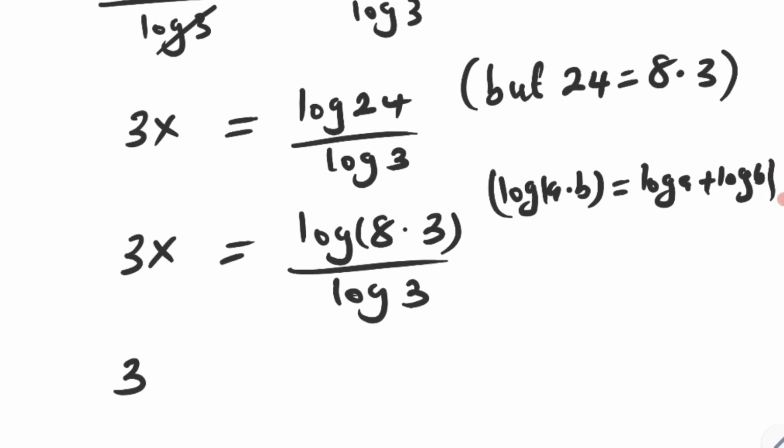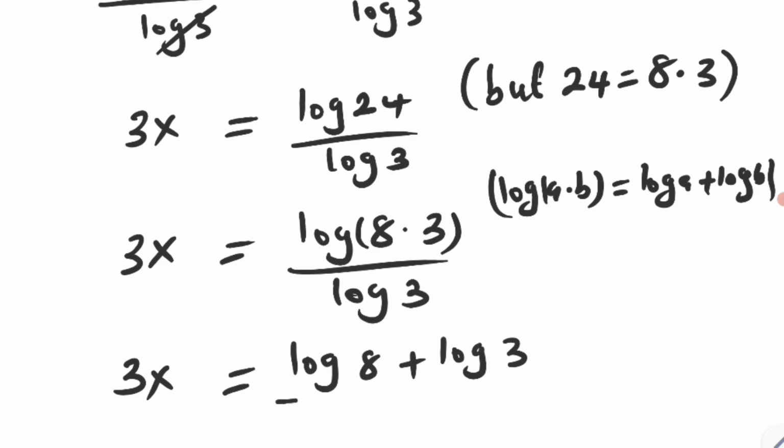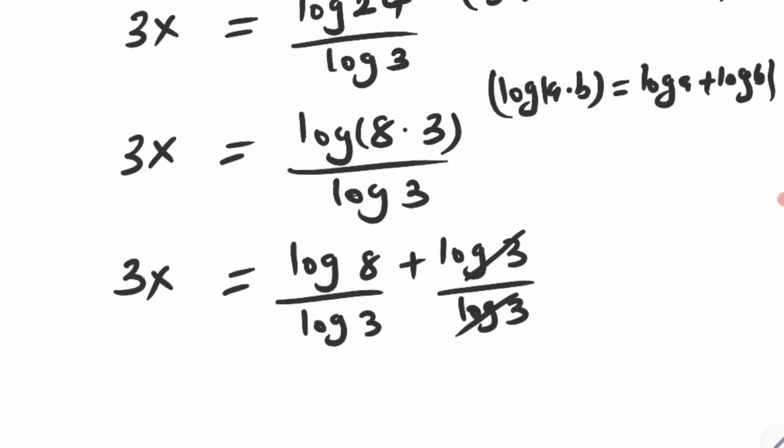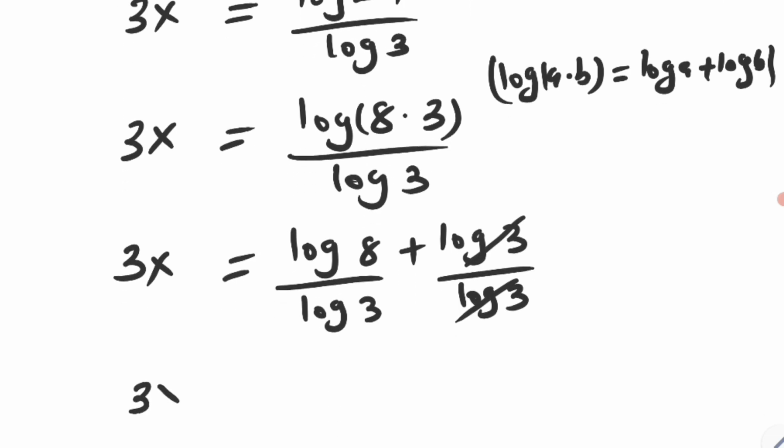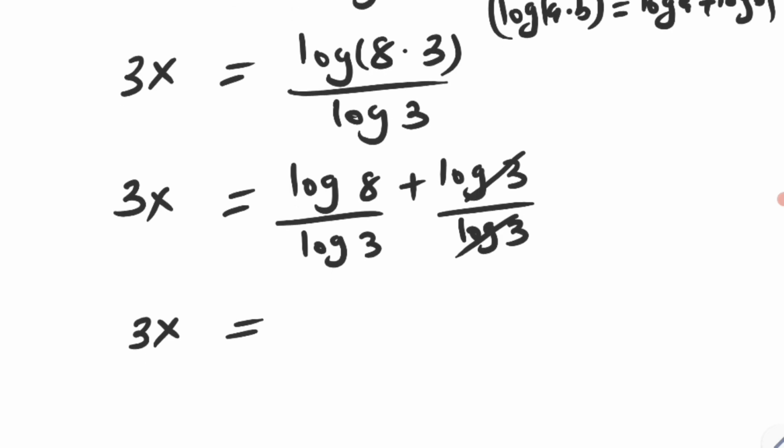Then 3s is equal to log 8 plus log 3. Then this is divided by log 3, and this is divided by log 3. This log 3 cancels this log 3. 3s is equal to log 8 over log 3 plus 1.